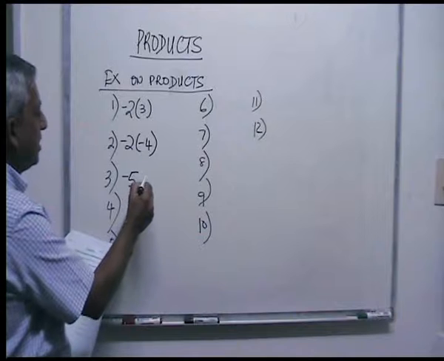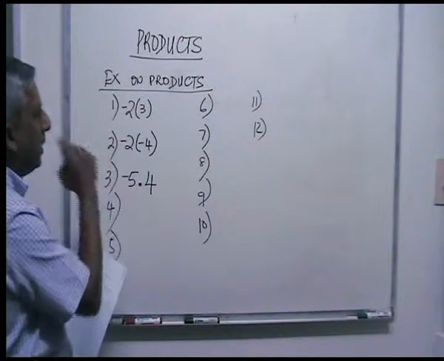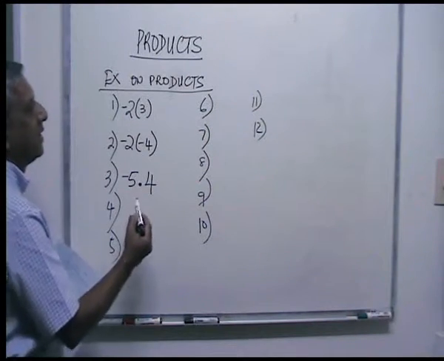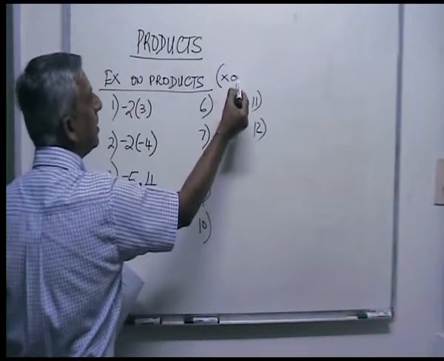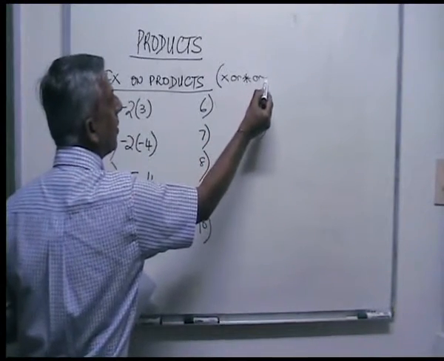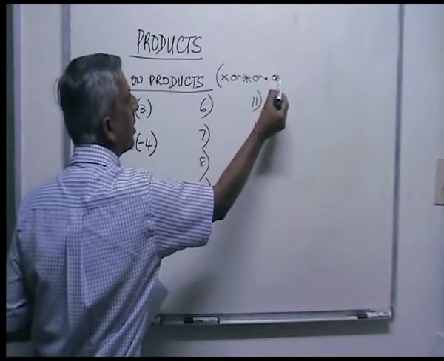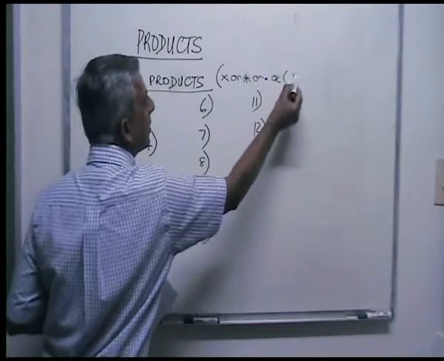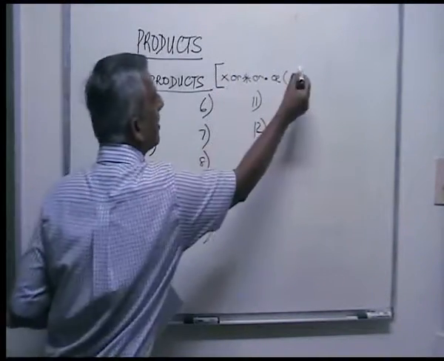Now you see this is minus 5 times 4. Now you have to remember that in products, you can have multiply or asterisk or dot or brackets. All these mean multiply.